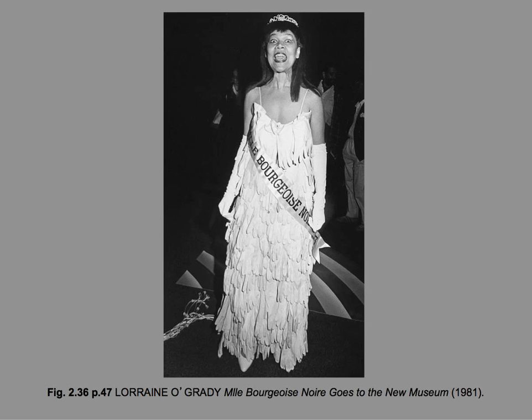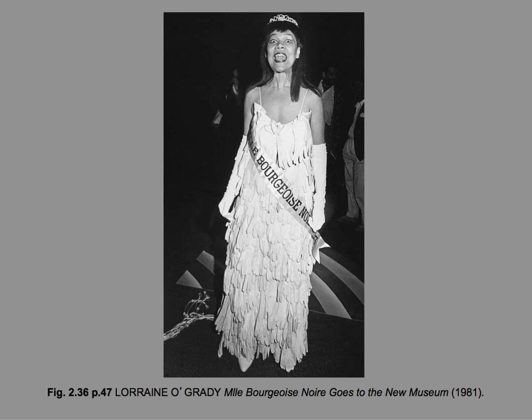Here's an example of Lorraine O'Grady, and you can see in this image she's wearing a very bright white dress because of how it's lit, and in the background it's very dark, and there's some figures behind her, but they're very hard to see because they have low value contrast compared to her in the middle with the negative space of the background.